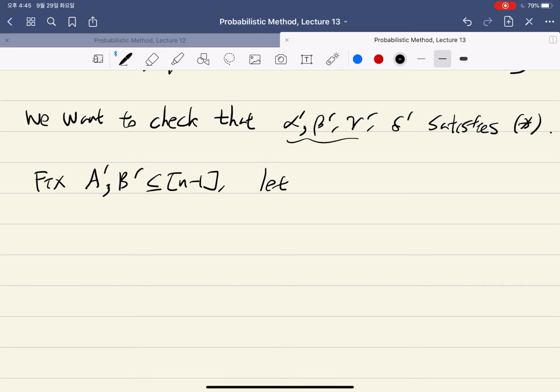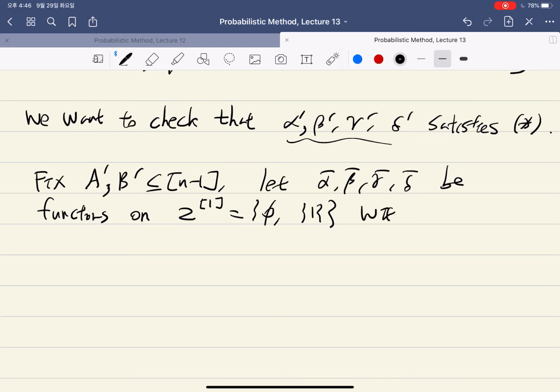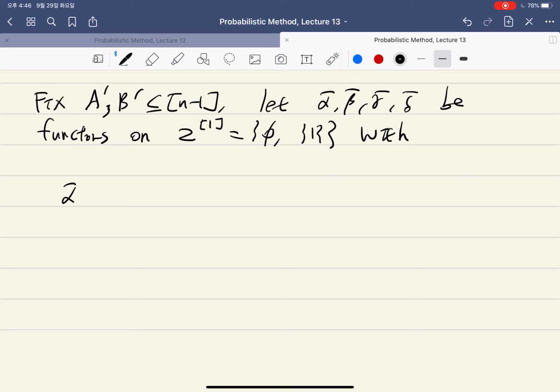And in order to check that, we let alpha bar, beta bar, gamma bar, delta bar be functions on 2 to the bracket 1, which is nothing but the empty set and the set of size 1, with the following definition.